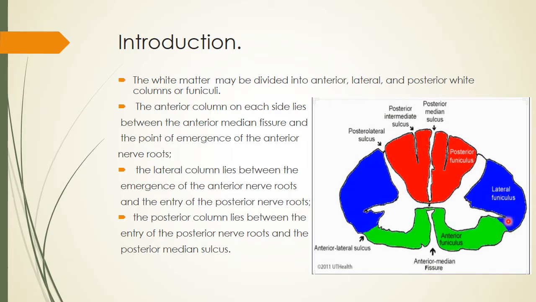The lateral funiculus is present between the emergence of ventral root of spinal nerve up to posterolateral sulcus or the entry of posterior nerve root, while the posterior funiculus extends from the posterolateral sulcus or entry of posterior nerve root up to posterior median sulcus. So in this way we can divide the white matter into anterior, lateral and posterior white columns.